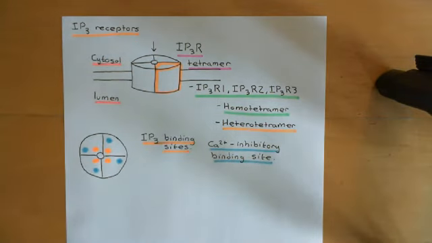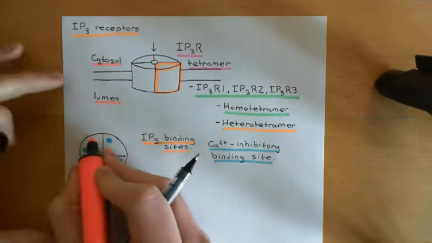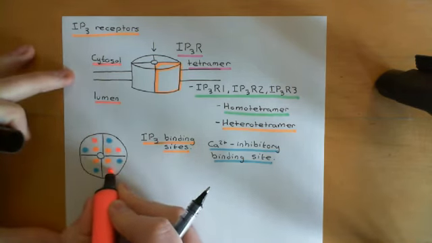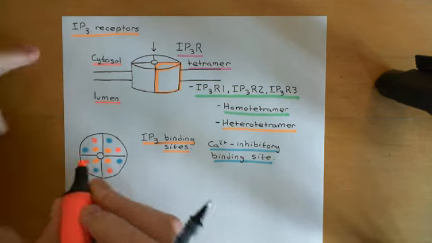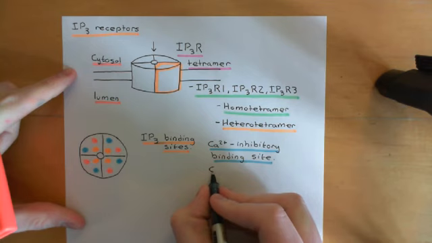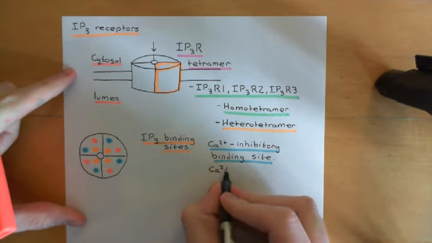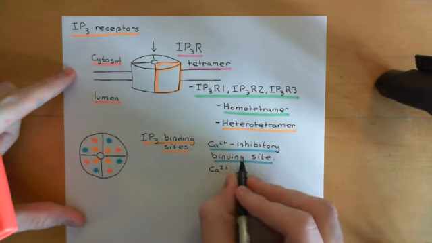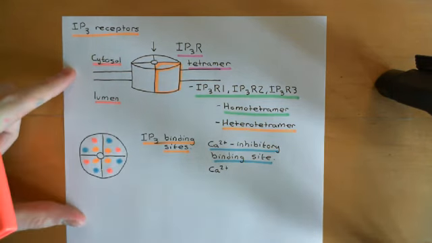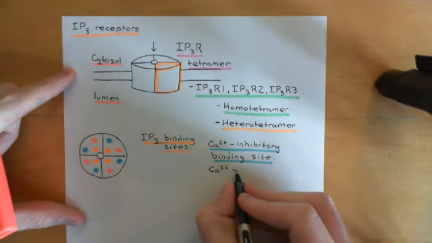Okay, we also have a stimulatory binding site for calcium, which I'll represent here in red. And if calcium binds to the stimulatory calcium binding site, it will cause the channel to open, providing that you don't have calcium bound to the inhibitory binding site. If you have calcium bound to the inhibitory binding sites, then even if you have calcium in the stimulatory binding sites, it won't open, basically.